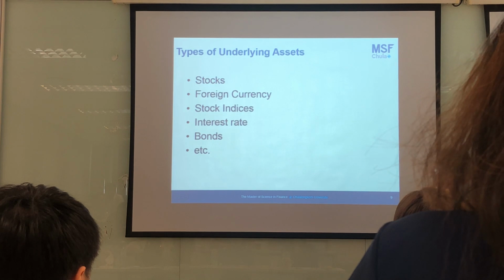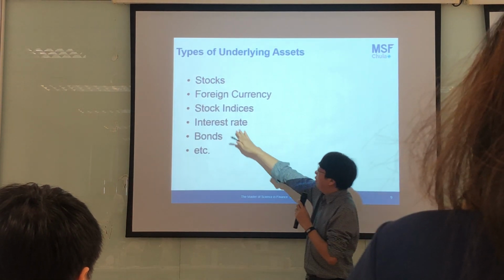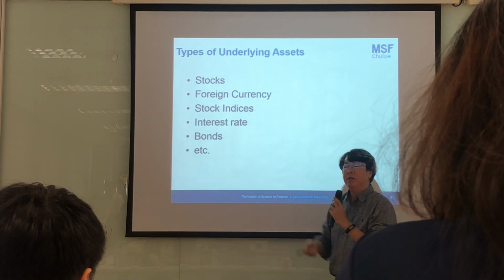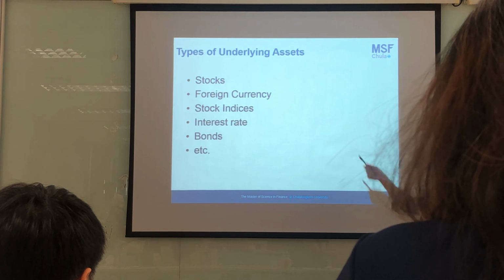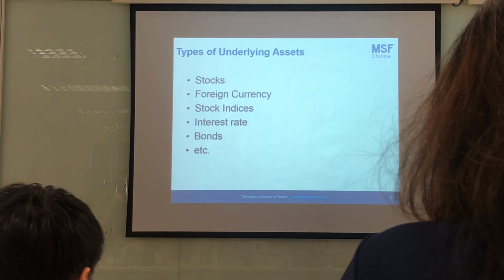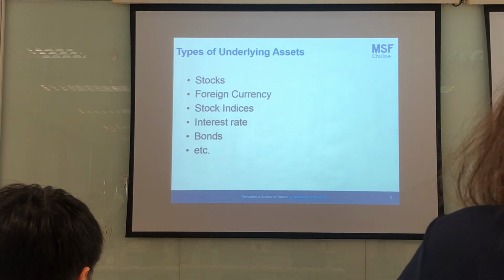In our class here, we will focus on interest rate and bond as the underlying asset. What we have mentioned, for the BBL warrant, the underlying asset is the stock. But it can be a stock index, or currency too.